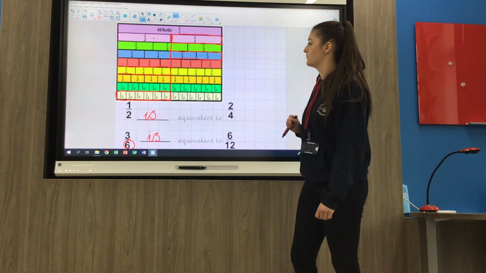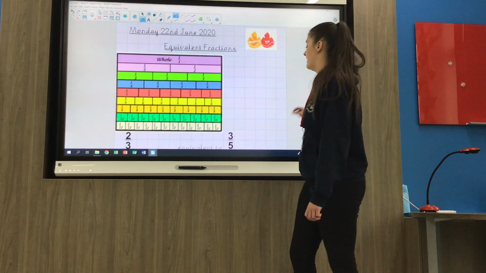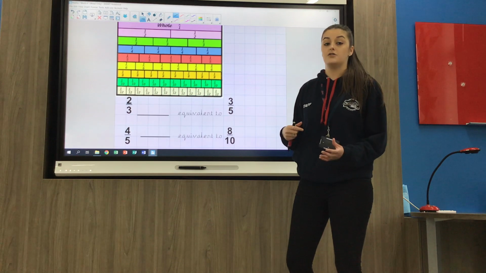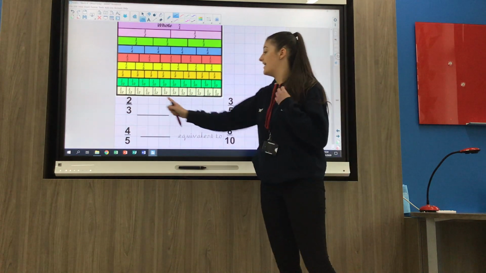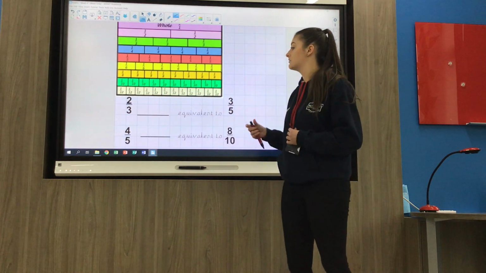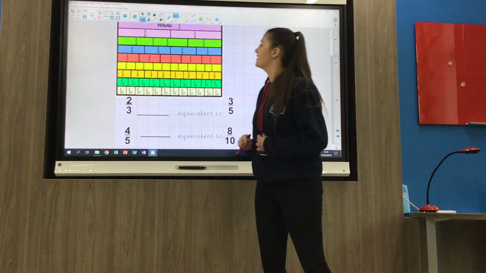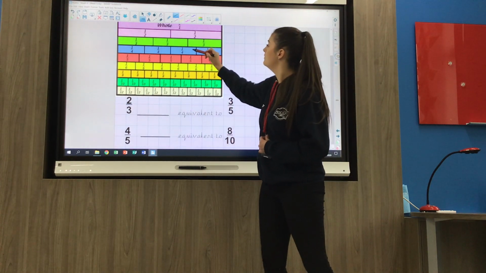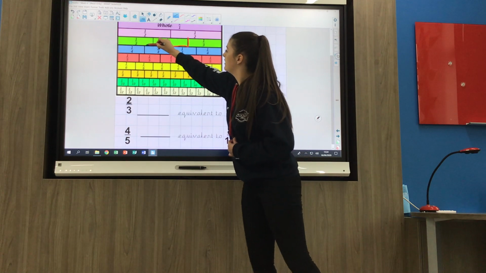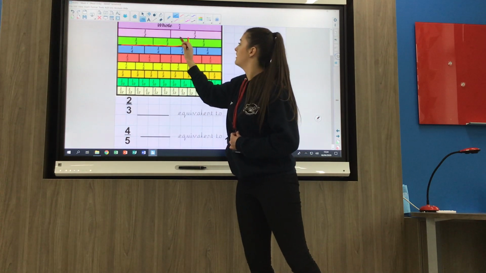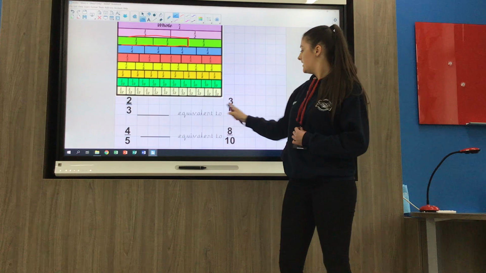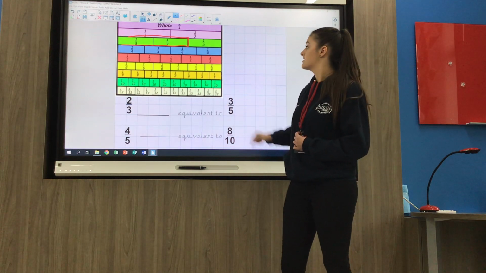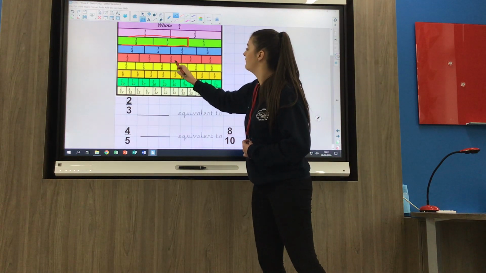Let's have another look. Now some of them you may find are or are not. So you need to be careful whether you're writing it is equivalent or it is not. The next one, 2/3. I'm going to look for the thirds. So there's 2/3, 1/3, 2/3. And it's saying, is it equivalent to 3/5? So I need to go down to the fifths. I found them.